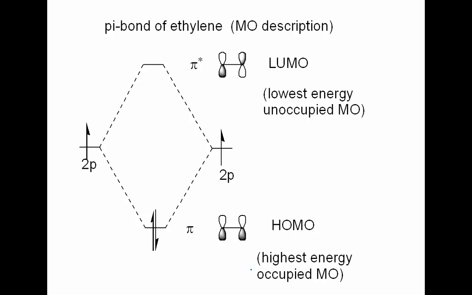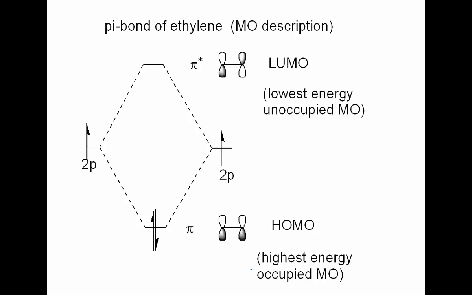Alright, so let's look at now the reasons for why the Diels-Alder reactions go, and this has to do with molecular orbitals. First, let's look at the molecular orbital description of the pi bond of ethylene. This is just the pi bond, not the sigma bond. Remember, the double bond is a sigma bond and a pi bond.